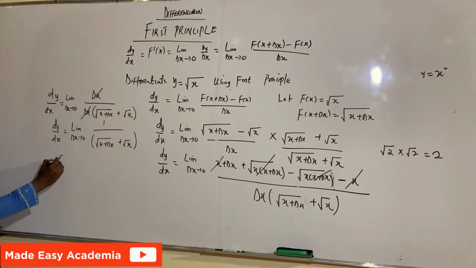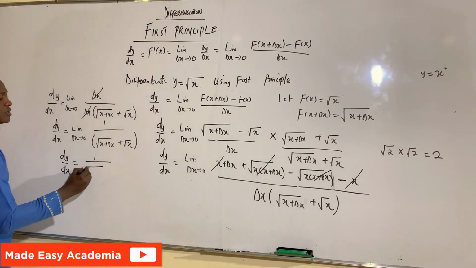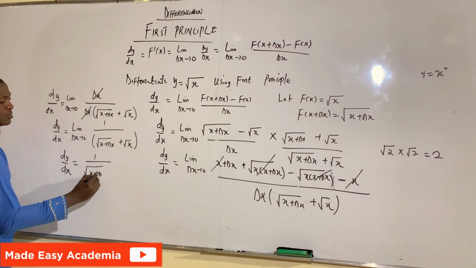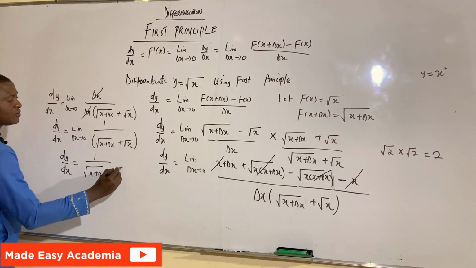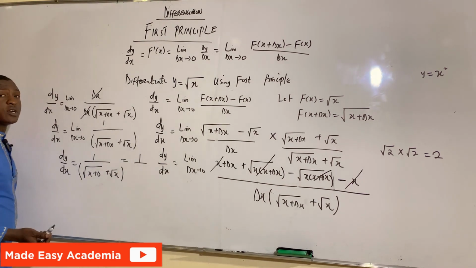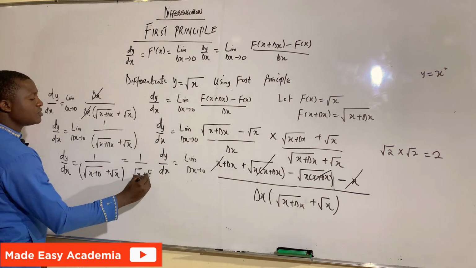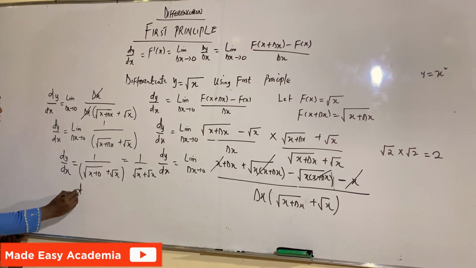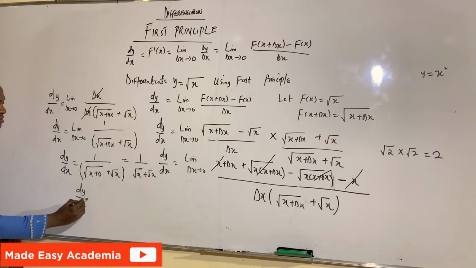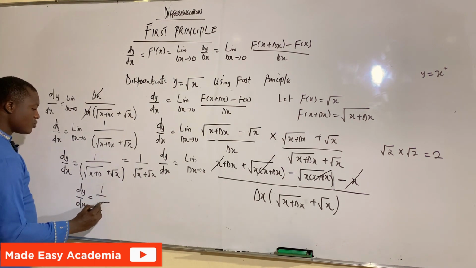So if I limit that one, we have dy/dx is equal to 1 over, root of x plus 0, plus root of x. So here, x plus 0 is x, then we have root x plus root x. So dy/dx is equal to 1 over root of x plus root of x, of course we are going to have 2 root of x.